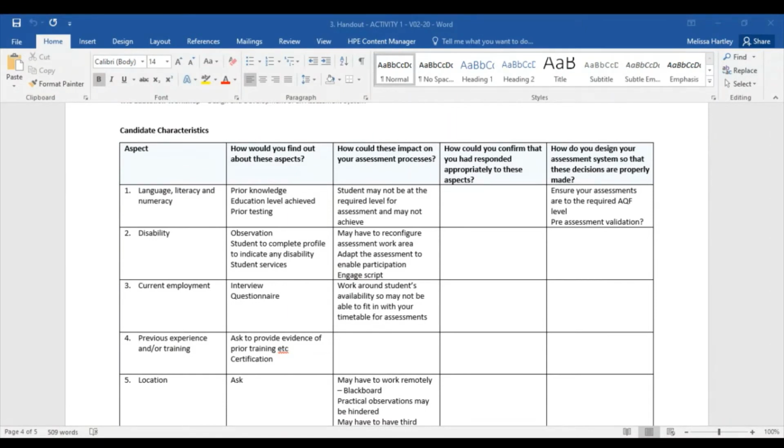And under those circumstances, we might use someone in the workplace as an observer. They're not an assessor, they're just helping us with the evidence gathering, and we would manage a process of evidence gathering in the workplace, so that we either may have to work around the workplace if it's not relevant, or we may actually utilise the workplace if it is relevant.